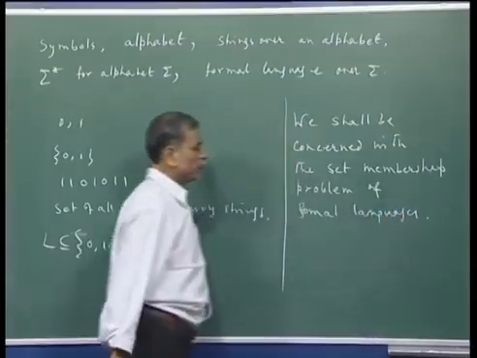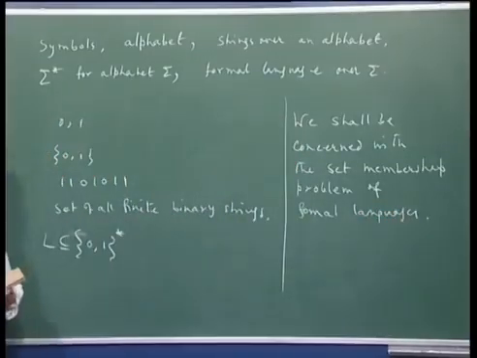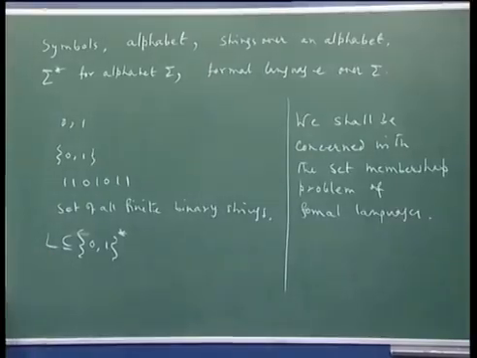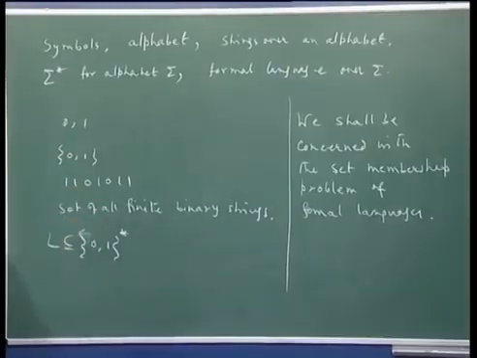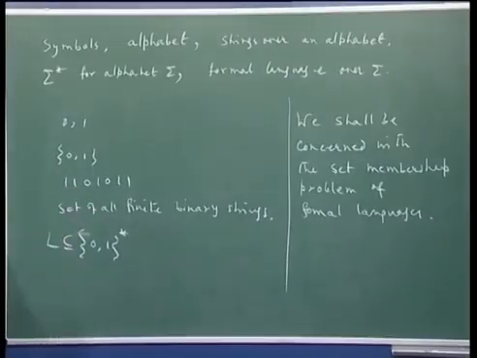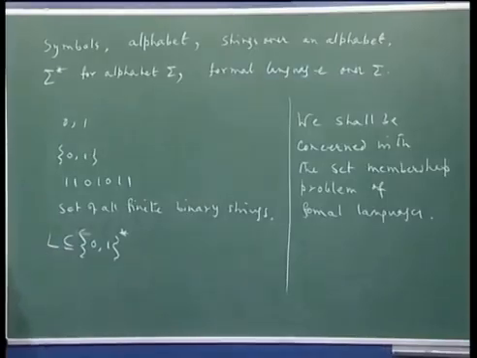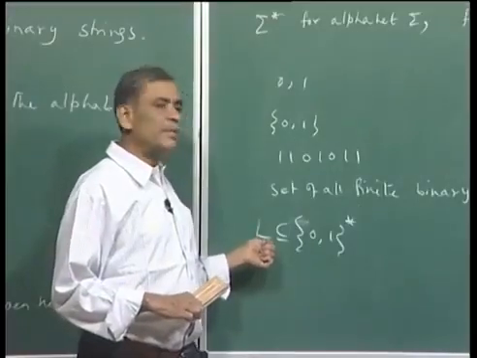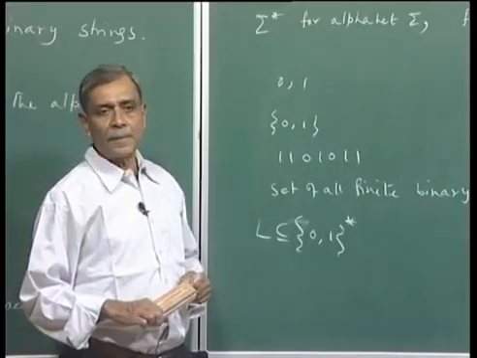So now, therefore, our problem is going to be, somebody has some formal language L in mind, and the problem therefore is very concrete. They give me a string and I have to determine whether that string is a member of the formal language.